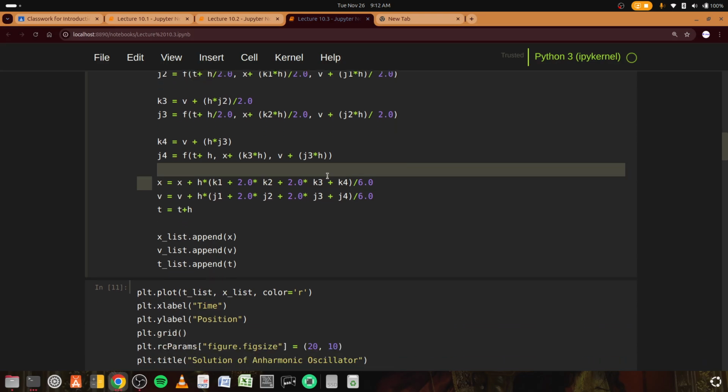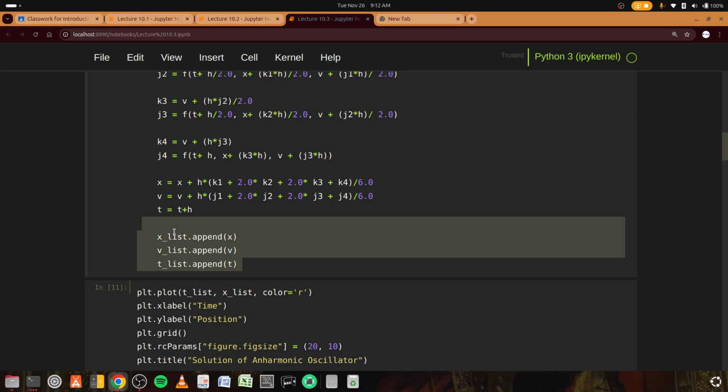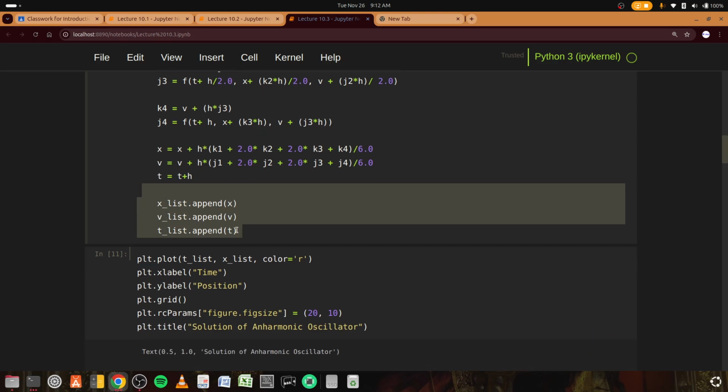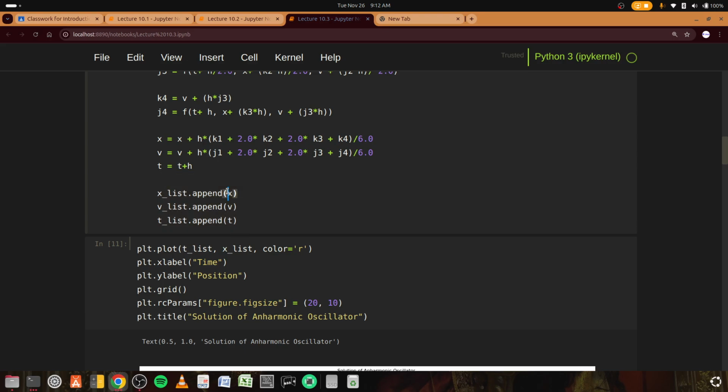Then this will be x, using the Runge-Kutta formula. Take the weighted average of all the slopes at 4 different points, and then add them together to the list. Append them to the list at every step. So you are using t equals t plus h.